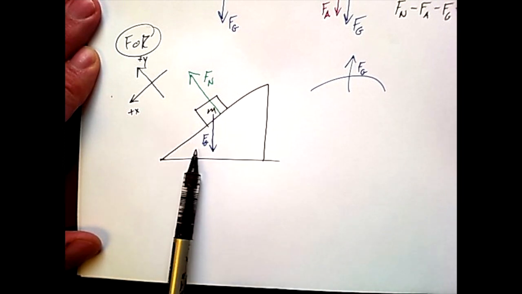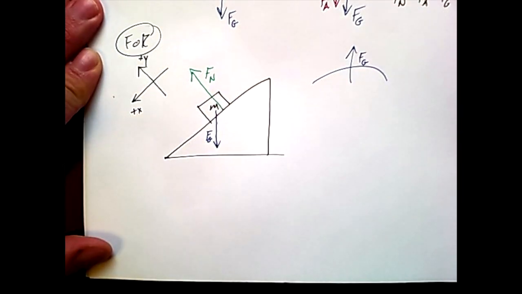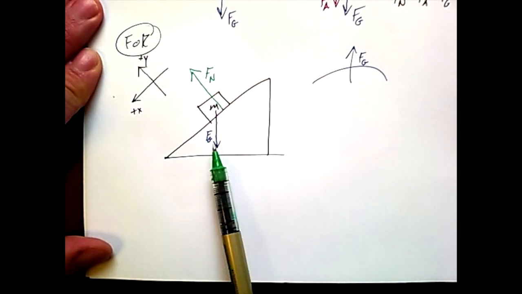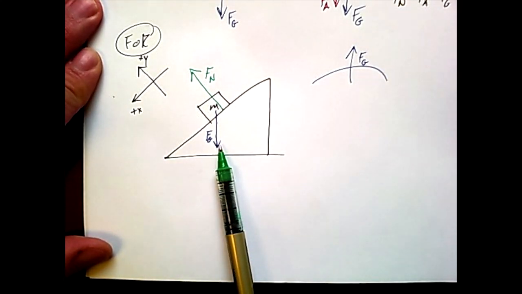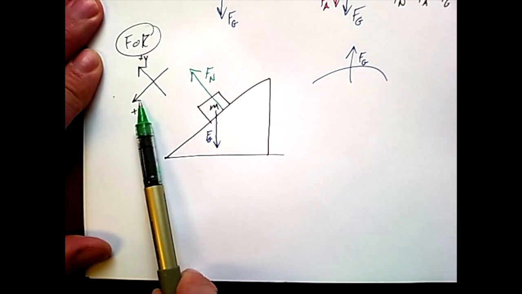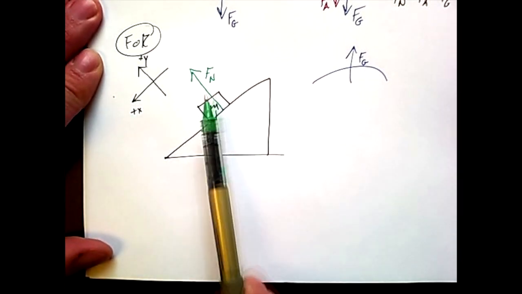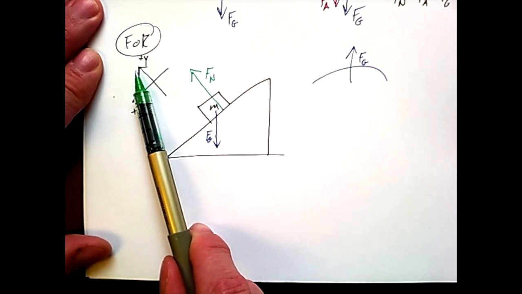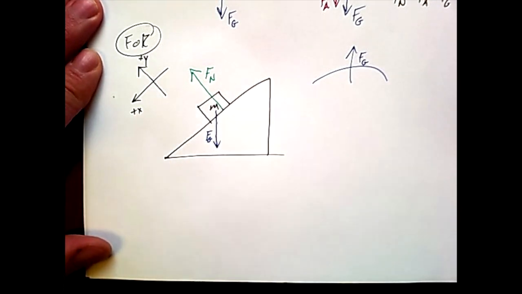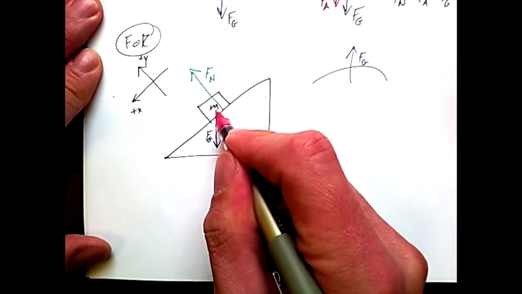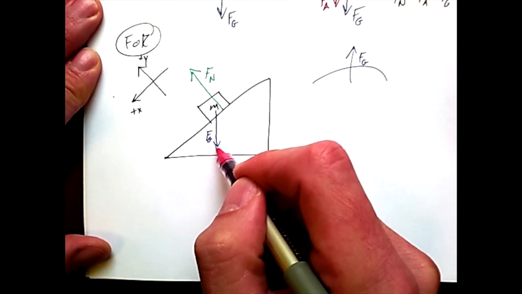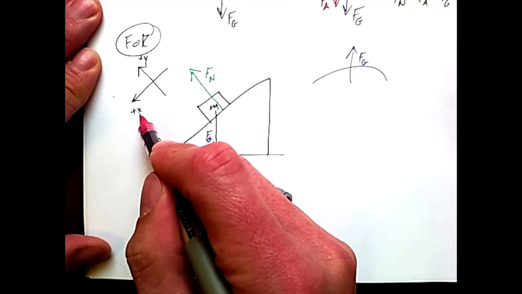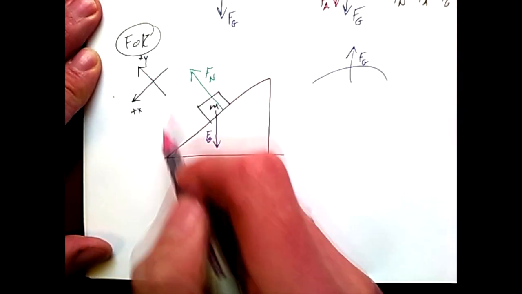for an incline situation. What that allows us to do is take f of g and resolve f of g into perpendicular components that match this frame of reference. So f of n is already what we're now calling positive y. And so what we're going to do instead is we're going to say that this f of g can be resolved into components that are both horizontal and vertical for the incline.